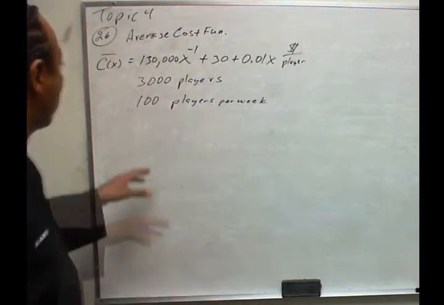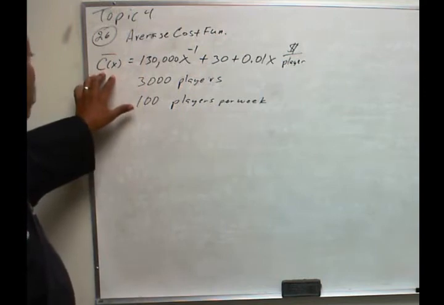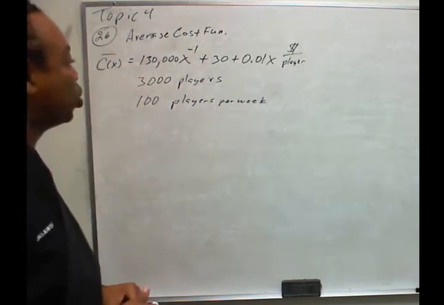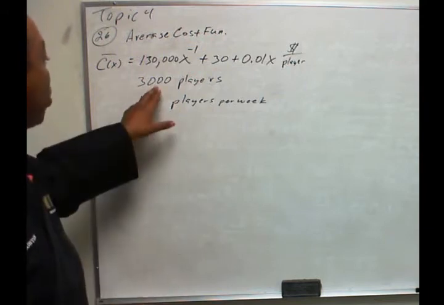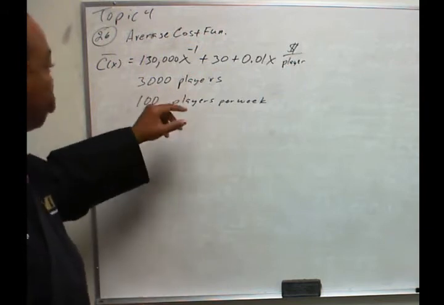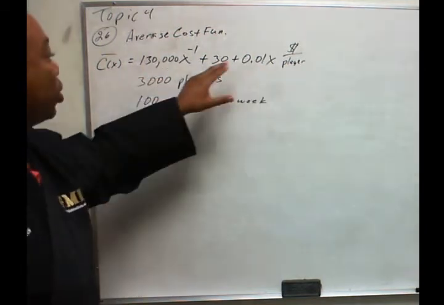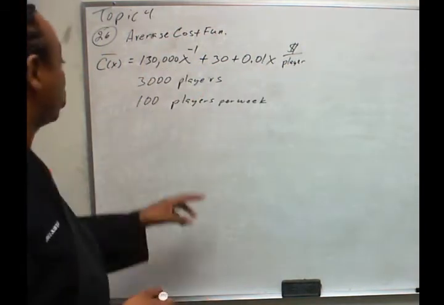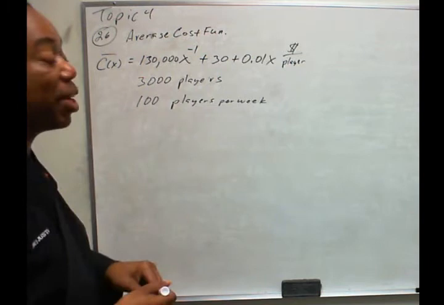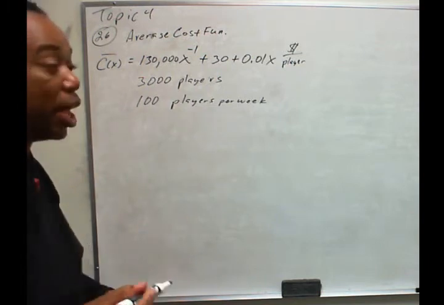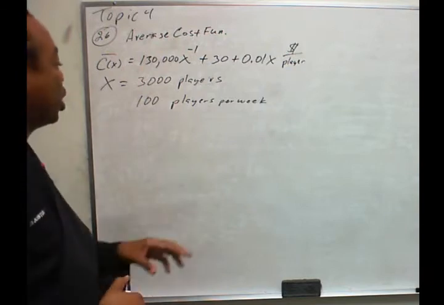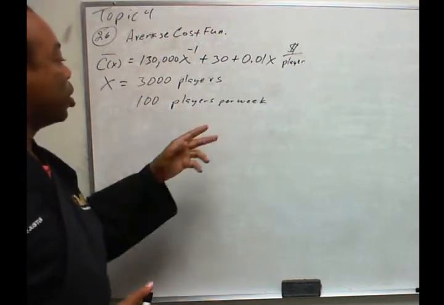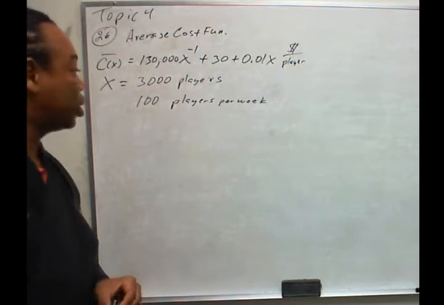So to find that out, we want to take a derivative of this function with respect to time to know what in the world is going on. Let's interpret these. 3,000 players. The x that's here is actually representing the players. So when they say 3,000 players here, that's simply a value of x. Here we have players per week, that's a rate.